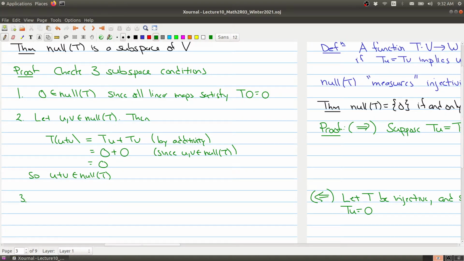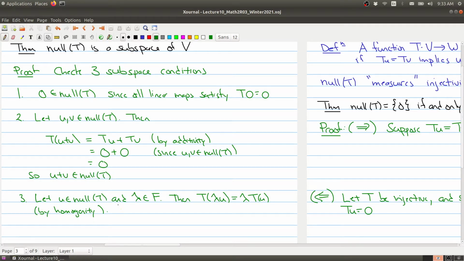The last thing we have to do is check to see if the null space is closed under the operation of scalar multiplication. So let's take u in the null space of T, and let's take some arbitrary constant lambda inside of my field F. Then we know that T evaluated at lambda u is the same thing as lambda times Tu, by the homogeneity property of linear maps.